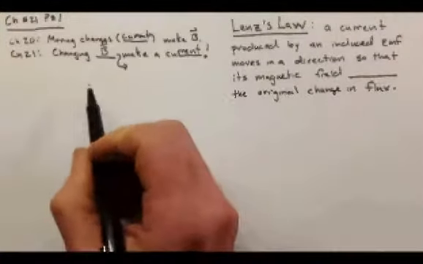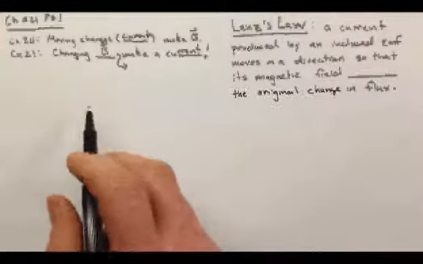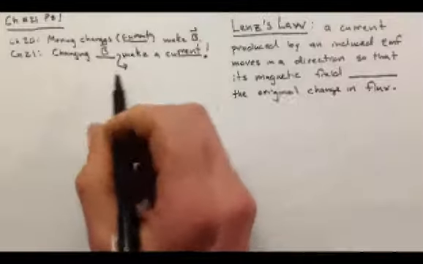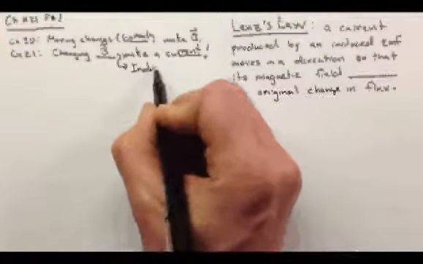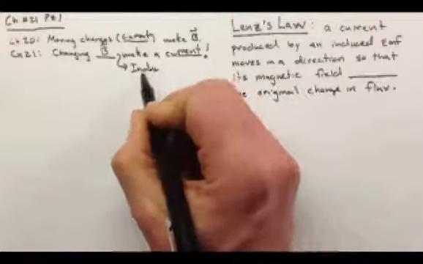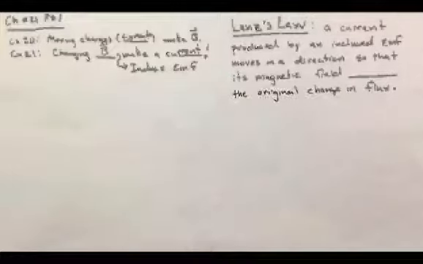Now, we don't technically say that changing magnetic fields make a current. The technical name is that changing magnetic fields induce an electromotive force. All right?